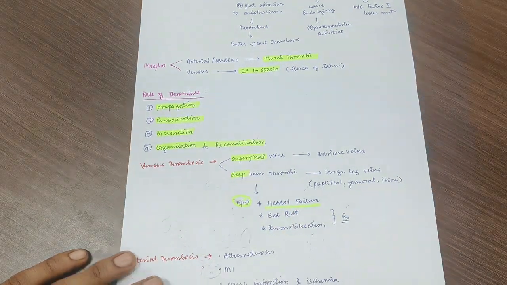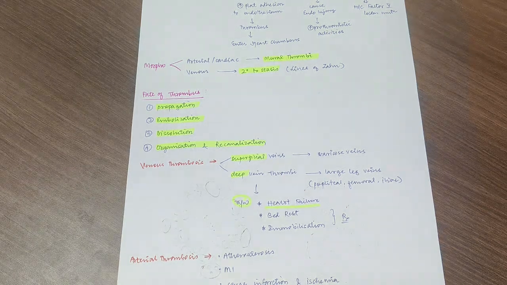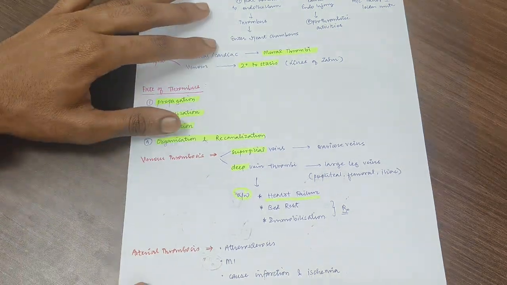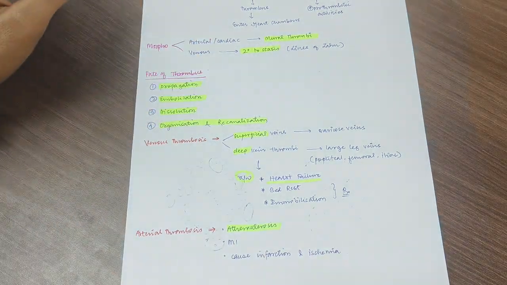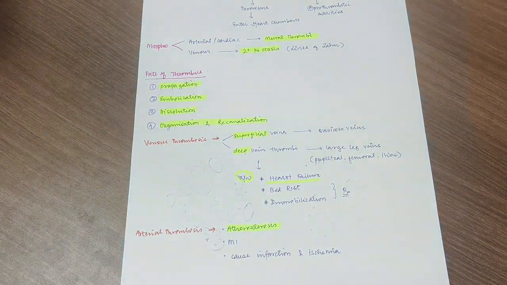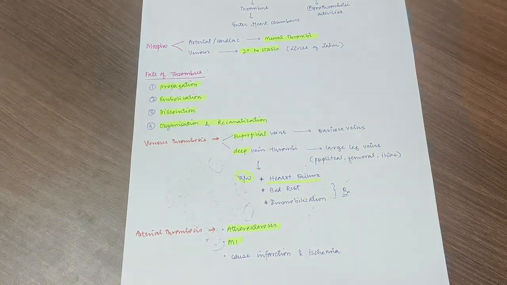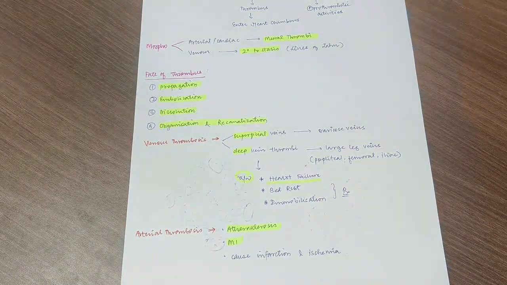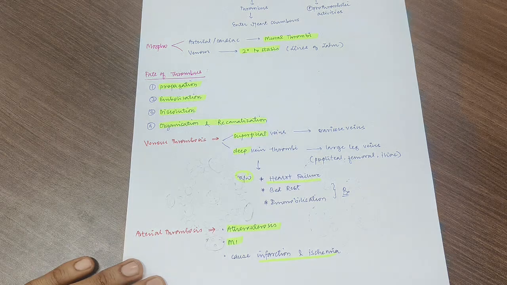The treatment for it is bed rest and immobilization. Arterial thrombosis is mainly because of atherosclerosis, seen in diabetes mellitus and smoking patients, and MI is also a precipitating event. If there is a thrombus in the artery, that will lead to infarction and ischemia of that particular tissue.